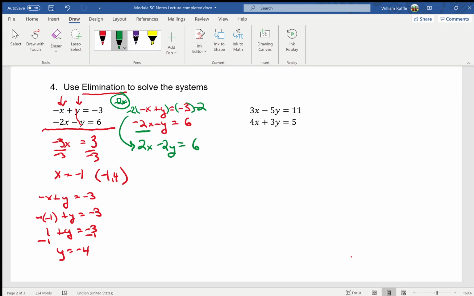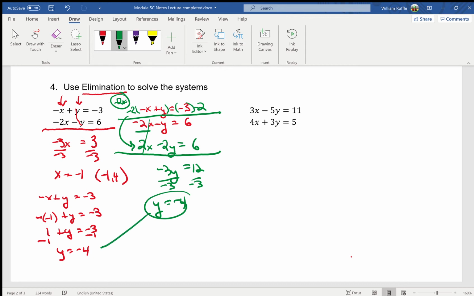So let's add these two equations together now. Negative 2x plus 2x, the x's now are eliminated. Negative y plus negative 2y is negative 3y. 6 plus 6 is 12. I divide each side by negative 3. I get y equals negative 4. And that's exactly the same thing, isn't it?